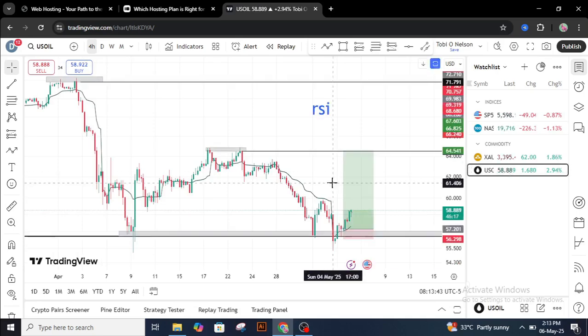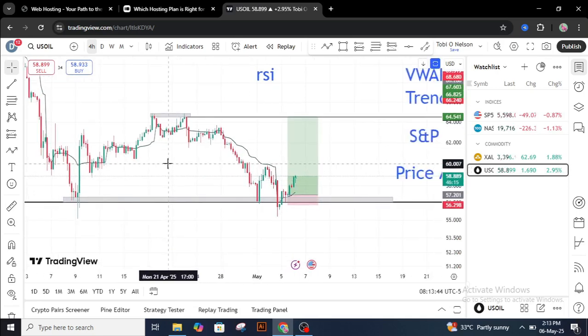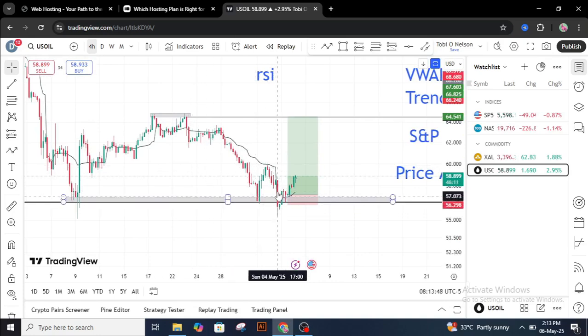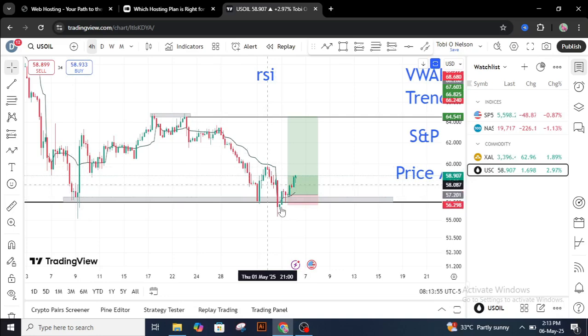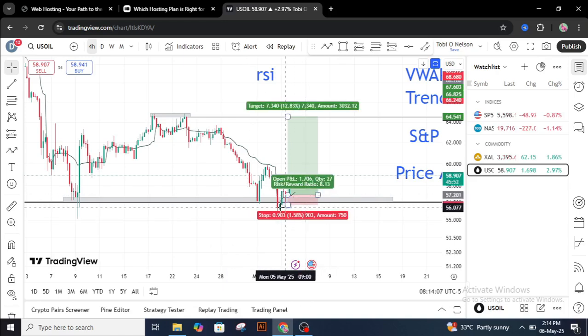Let's look at this trade that I'm in, crude oil. You see VWAP, after this drop, I was waiting. This market is at a resistance, and I have so many reasons to be scared of buying this market because the crude oil market is actually bearish right now. There is oversupply in the market. It's bearish. So I didn't want to buy, but at some point I just felt like I should take a risk.